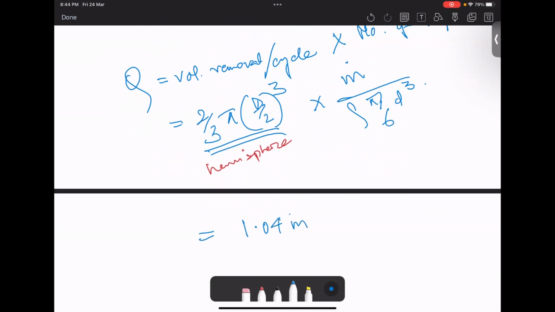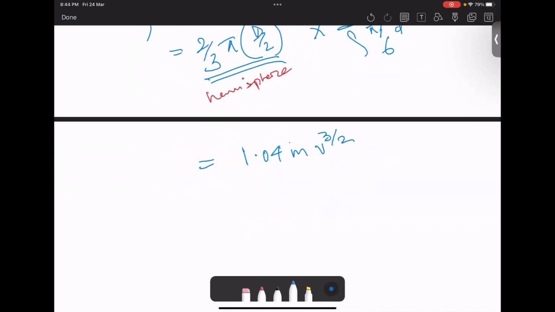1.04 times the mass flow rate of the abrasive flow. Okay, and the velocity is raised to the power 1.5, then your density raised to the power 1/4, and workpiece hardness raised to the power 3/4.